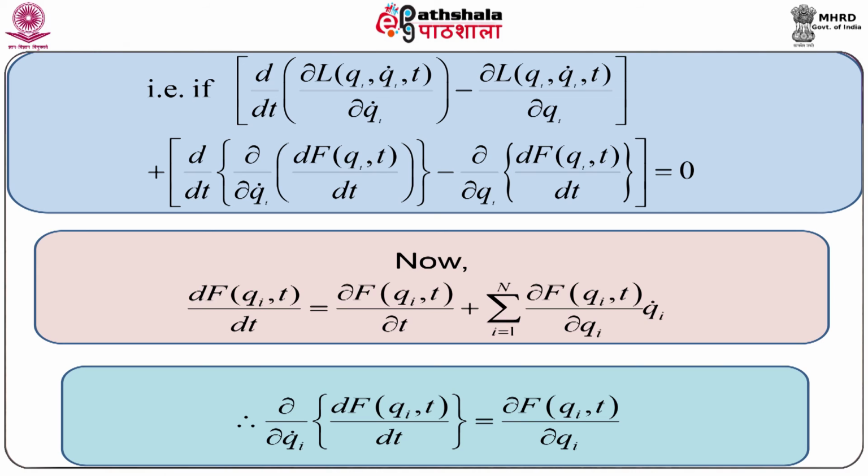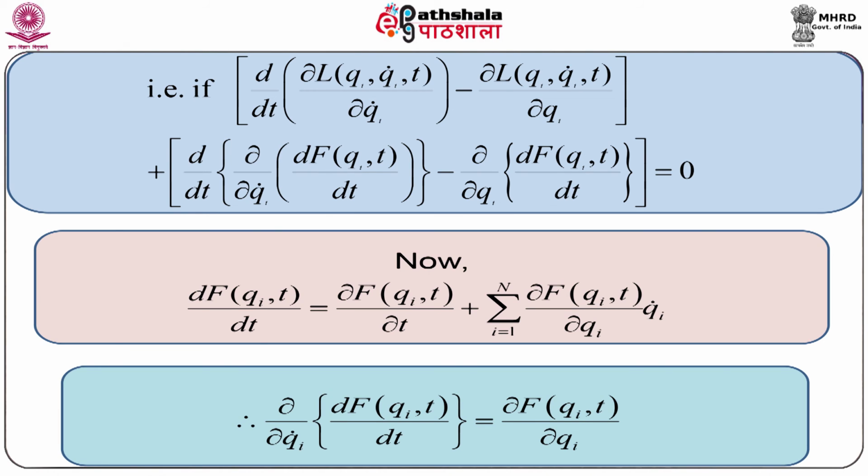It will satisfy Lagrange's equation of motion if d/dt of ∂/∂q̇_i operated on L dash minus ∂/∂q_i operated on L dash equal to 0. That is, if this equation holds.